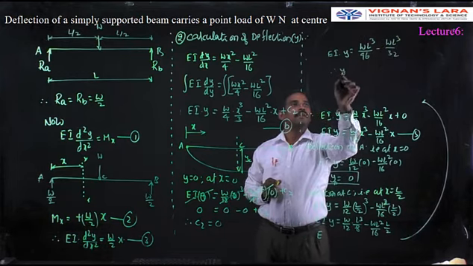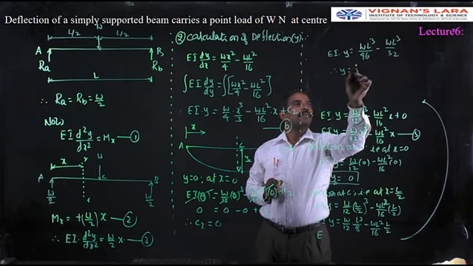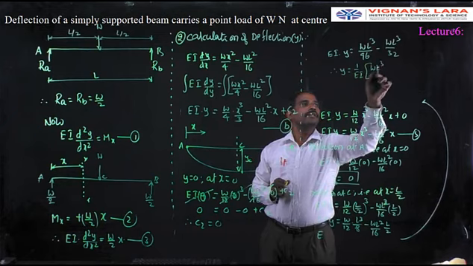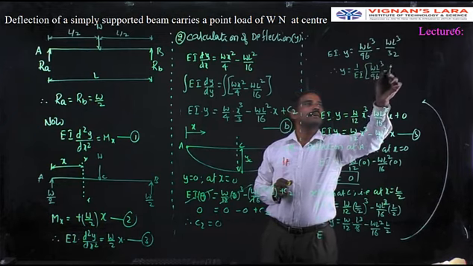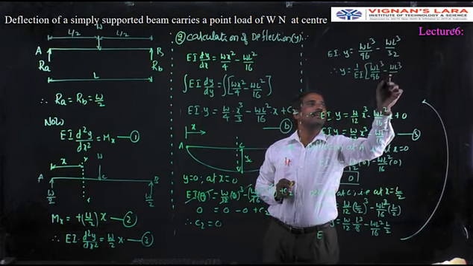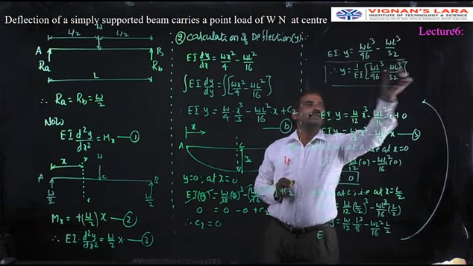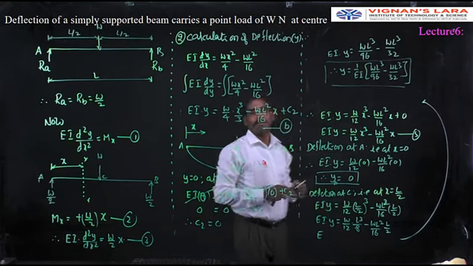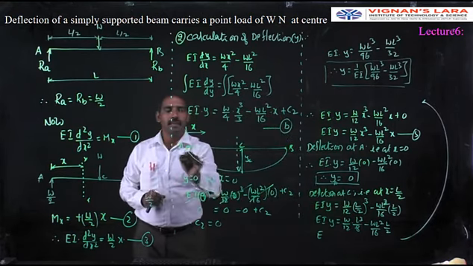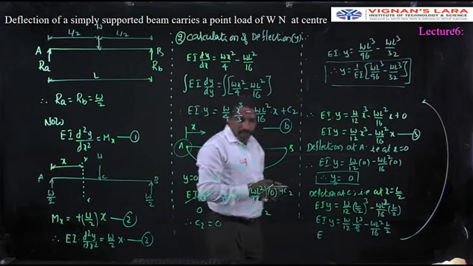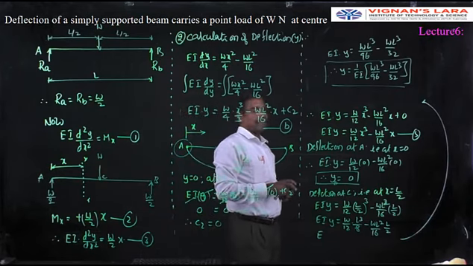Therefore, Y is equal to 1 by EI into WL cube by 96 minus WL cube by 32. This is the deflection at a particular point, at C. Then that can be simplified by performing the simplification.